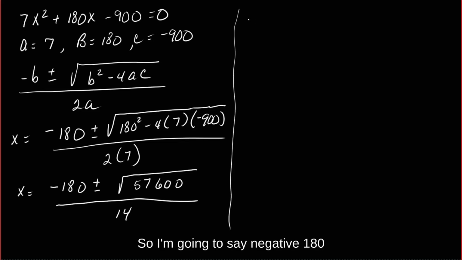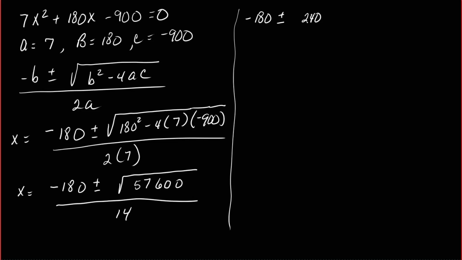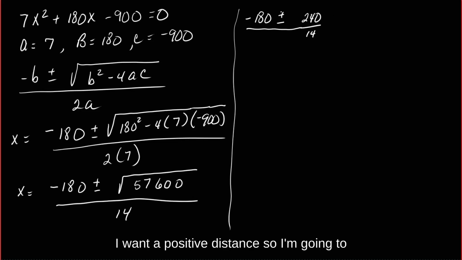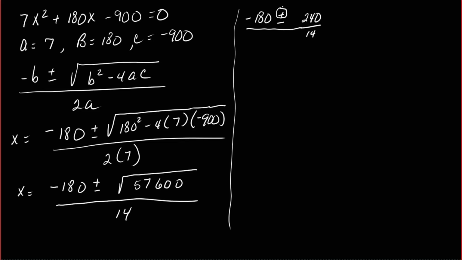So I'm going to say negative 180 plus or minus. 57,600 is a perfect square, so that'll be 240 over 14. I want a positive distance, so I'm going to use the plus sign here.